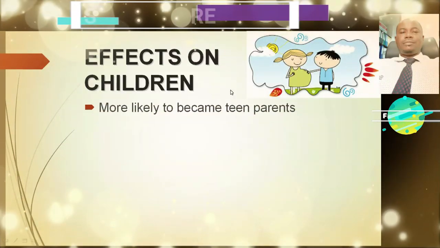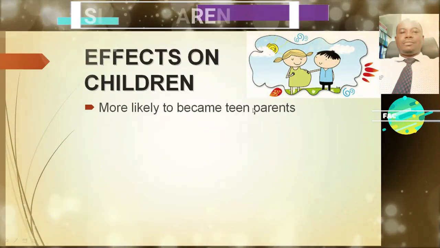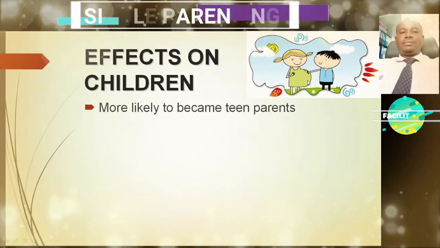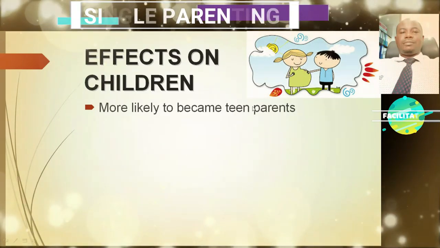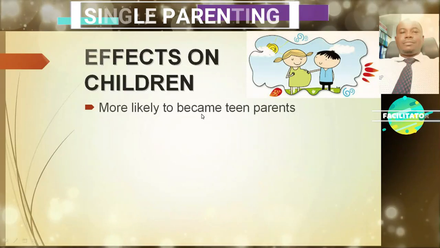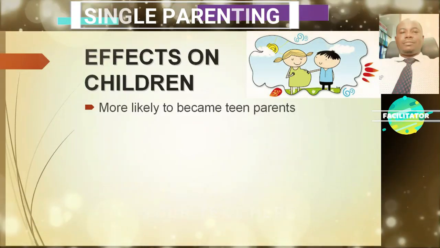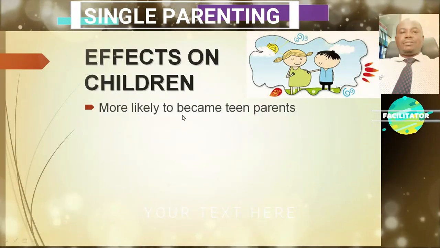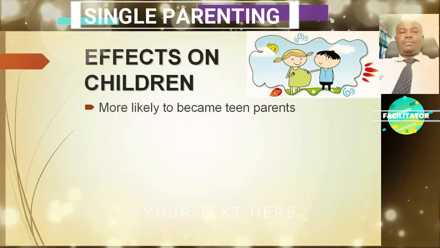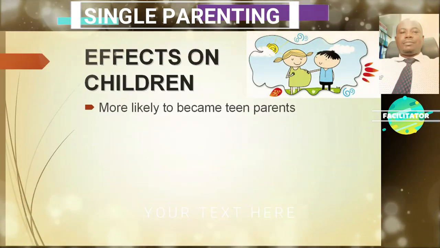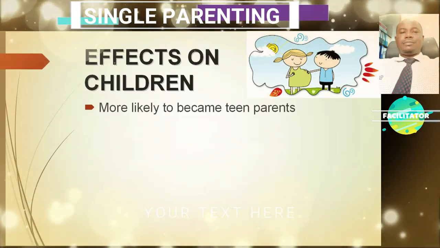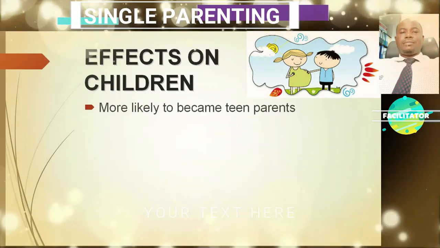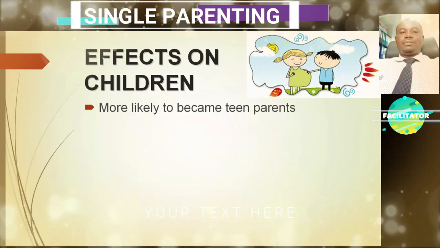Now, they are likely to become teen parents. It's true. They are likely to become teen parents because they have no control in their life. One of the parents is missing, more especially the father who is seen as the head of the home, the father who is supposed to direct the children, especially when they are boys.